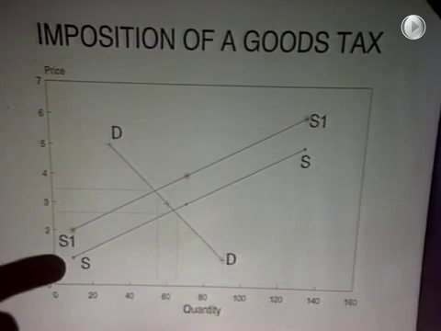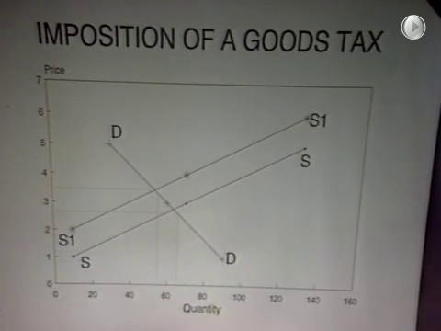Now, presumably, producers want to obtain the same price as previously for the number of units that they actually sell. So what we have in this situation is a shift of the supply curve upwards by the amount of the goods tax in question per unit of the good.